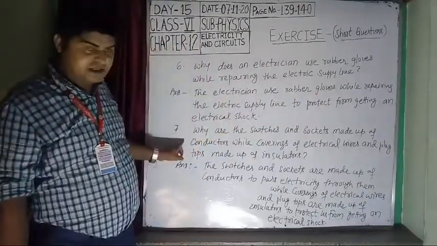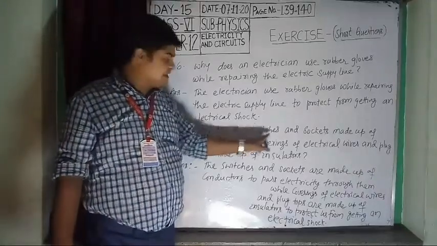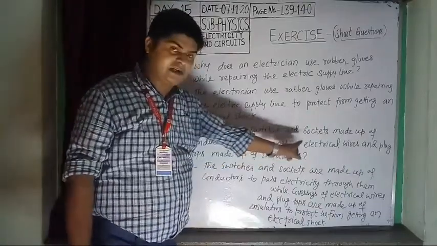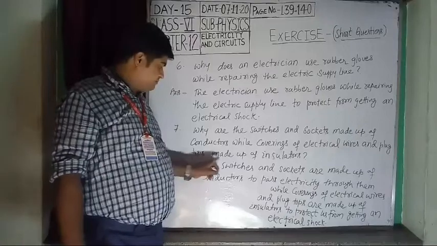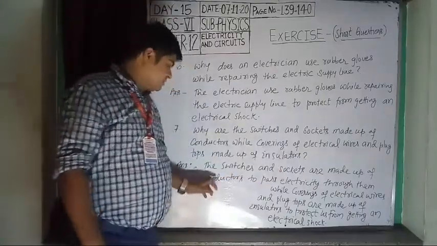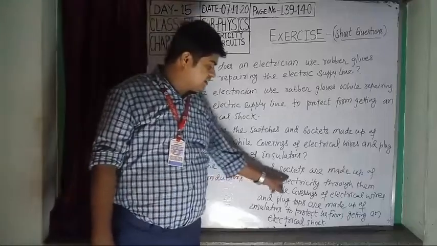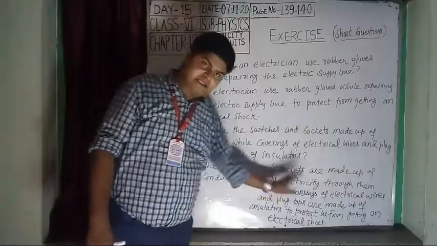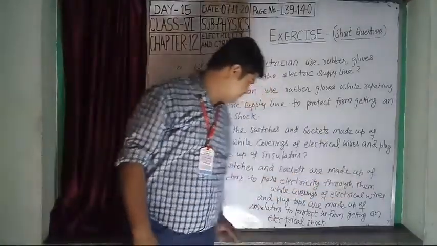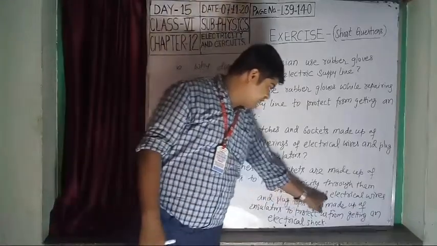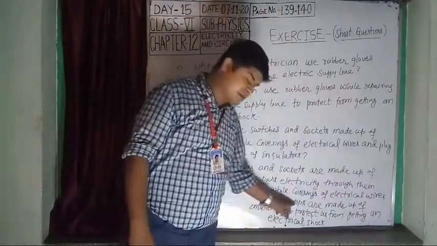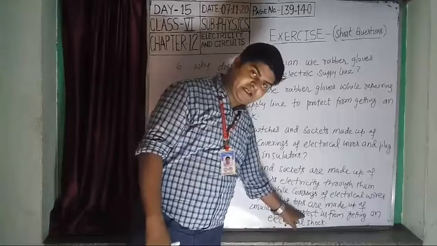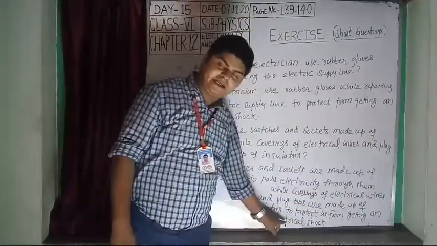Now question number 7. Why are the switches and sockets made up of conductors while coverings of electrical wires and plug tops are made up of insulators? Answer: the switches and sockets are made up of conductors to pass electricity through them, while coverings of electrical wires and plug tops are made up of insulators to protect us from getting an electrical shock.